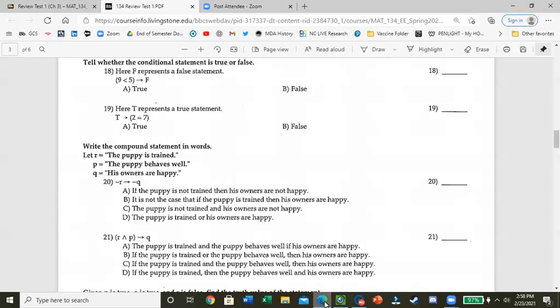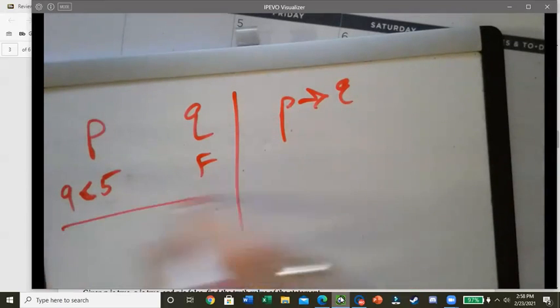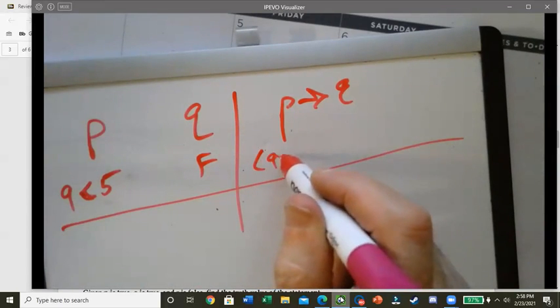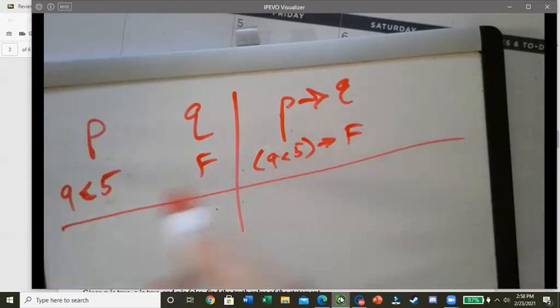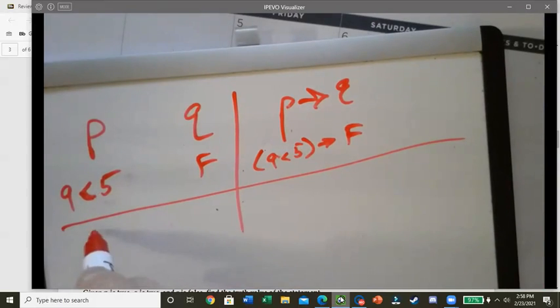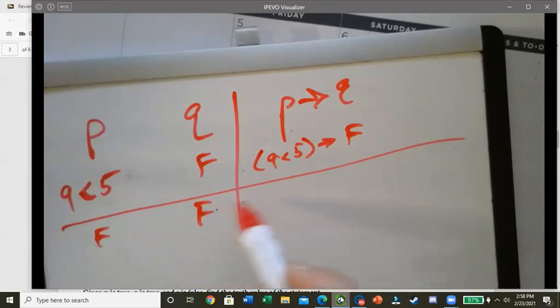So P then Q. So you could write it like this, where 9 is less than 5. If 9 is less than 5, then false. So 9 is less than 5. Is that true or false? 9 is not less than 5, so that's a false statement. And Q, that's automatically false. So we're saying if false, then false.